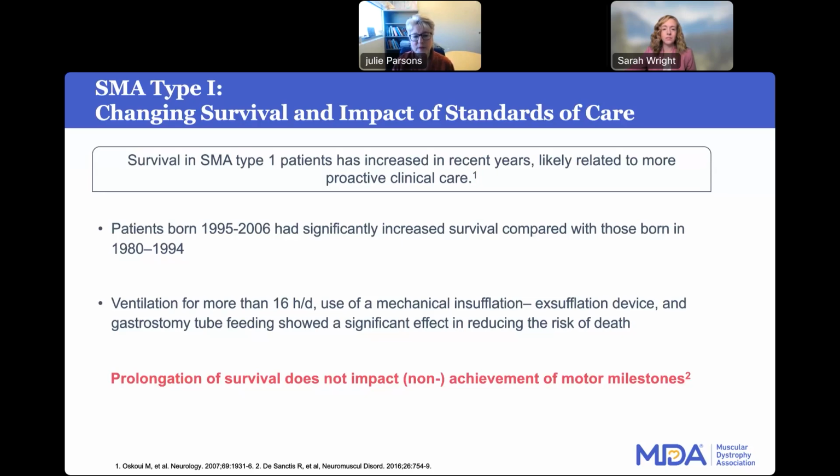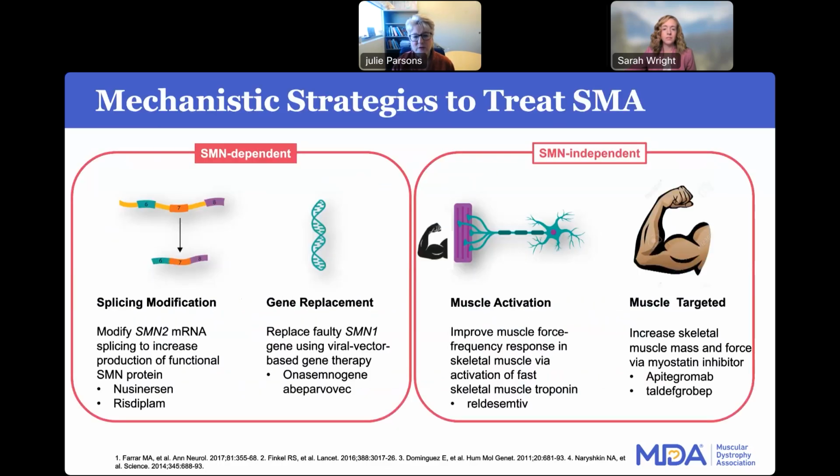Next slide. We've made changes in preservation or enhancement of motor function by using disease-modifying therapies, which fall into a couple of different areas.